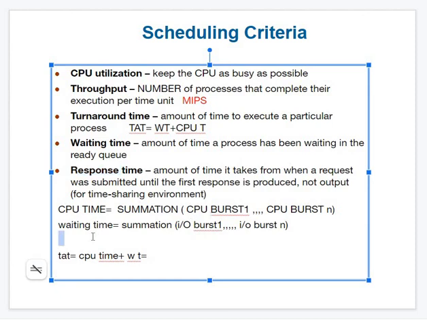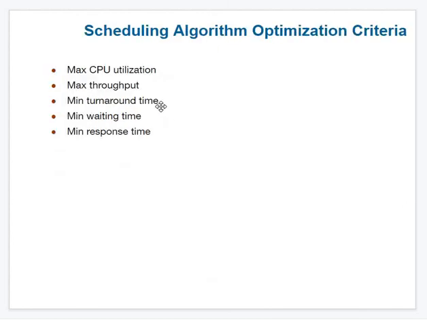Now here, do we always need to calculate turnaround time? Yes. Our target is to calculate turnaround time because it is important with respect to CPU time as well as waiting time. Next, scheduling algorithm optimization criteria. What are the things we should optimize, what should we increase?